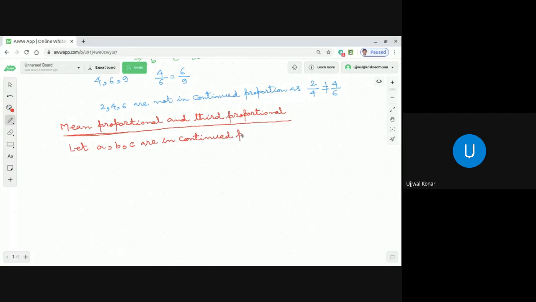Then what are we going to get? If A, B, C are in continued proportion, then B is called the mean proportional. Clear? This is the terminology, mean proportional.